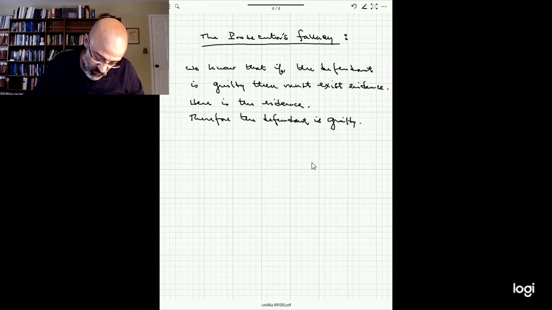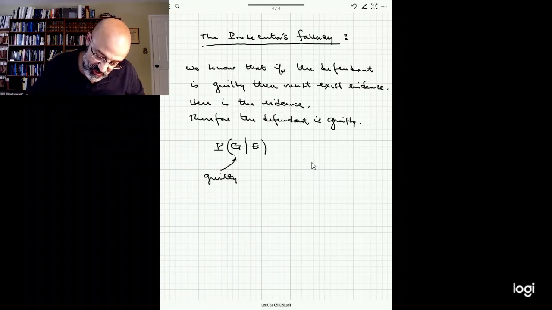We want to know the probability of the defendant being guilty, given that there is evidence, a smoking gun.